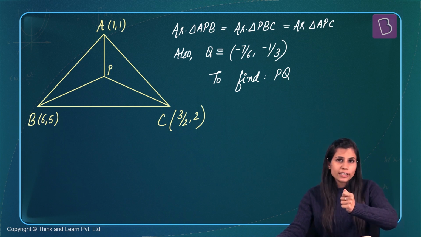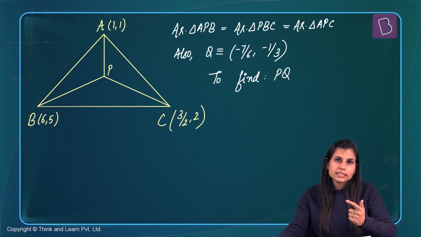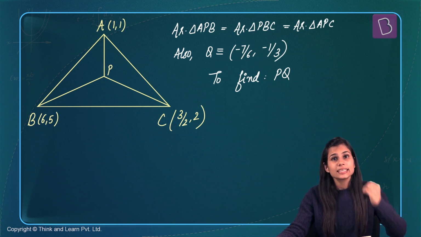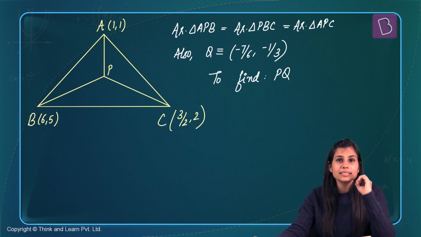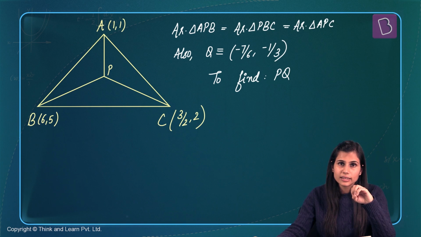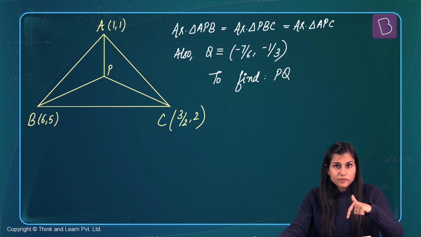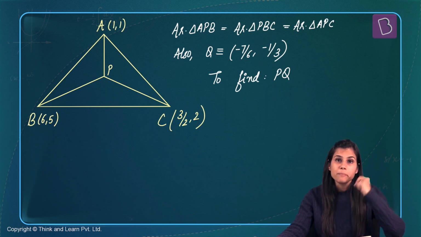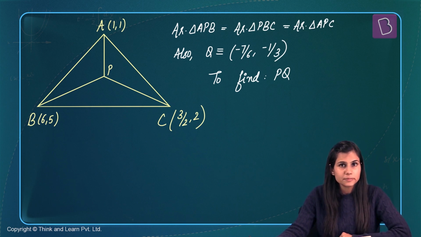But an interior point which is creating those three triangles such that they are equal in area is just one point, that is the centroid of this triangle, right? So if because of this P, these three triangles are having equal areas, this point P better be the centroid of this triangle. This is the only catch in here.